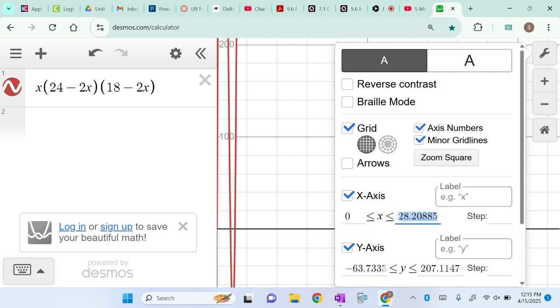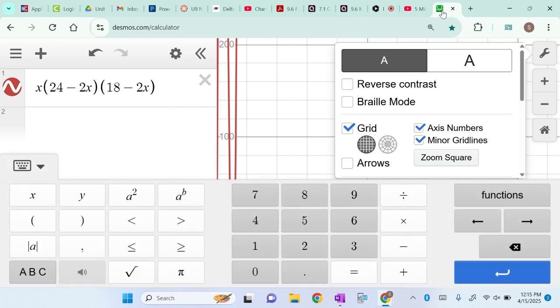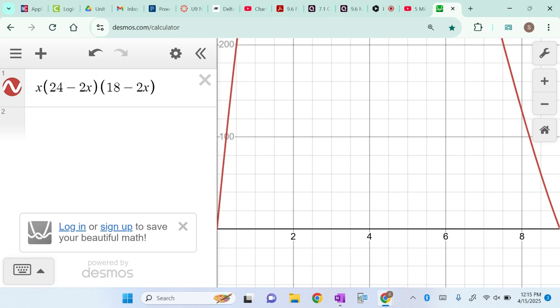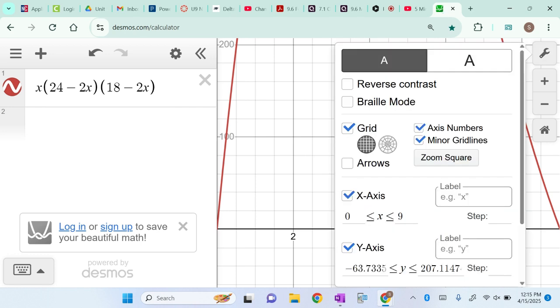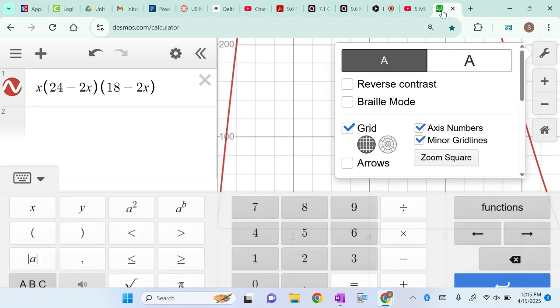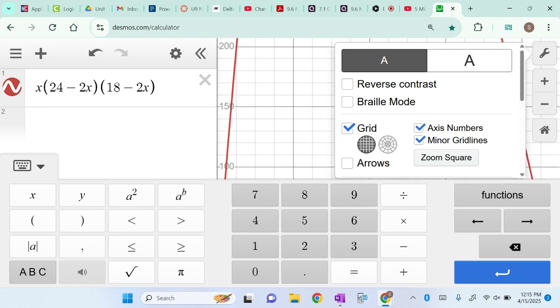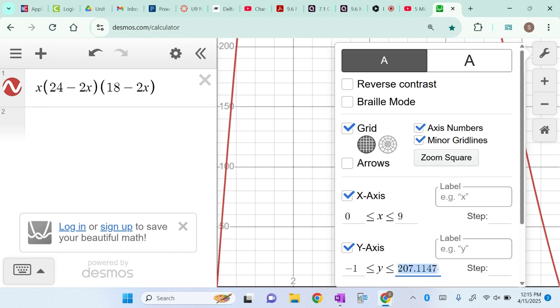So I'm going to put my maximum x as 9 or 10 so that we can see the window clearly. Then for your y's, I would just go up to about maybe 1,000. So I would say go from about -1 to 1,000.